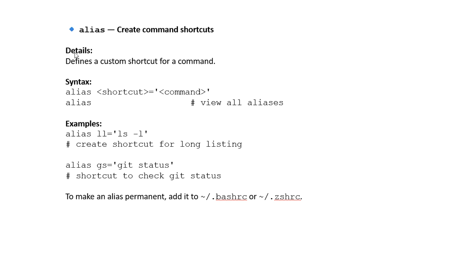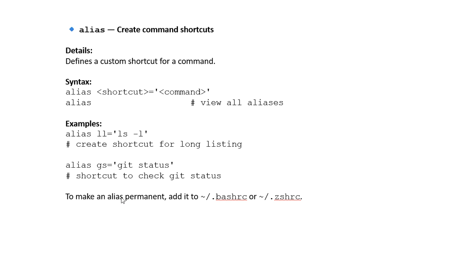Another command is alias, used to create a command shortcut. The detail is it defines a custom shortcut for a command. The syntax is alias, the shortcut equals single quotes, the command. And alias alone views all the aliases. The example is alias ll equals single quotes ls hyphen l, which creates a shortcut for the long listing, and alias gs equals single quotes git status, a shortcut to check the git status.